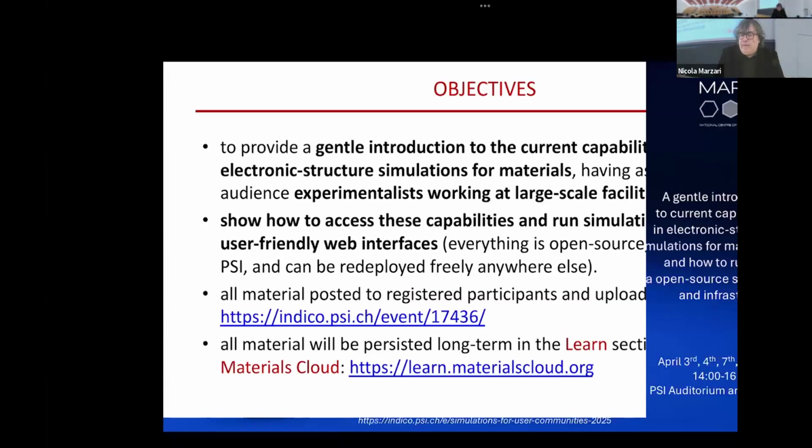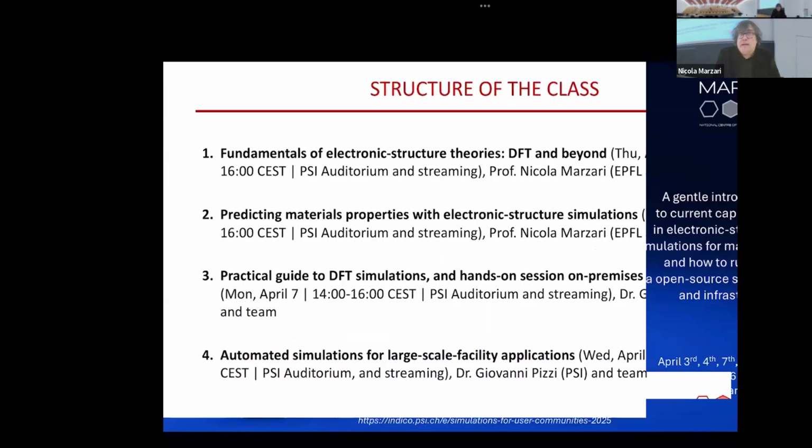That is particularly relevant for those of you following us remotely, because for the PSI participants, we actually have a PSI instance set up here. In the long term, everything will be persisted on our dissemination portal, the Materials Cloud, and in particular in the Learn section. And this is the structure of the class.